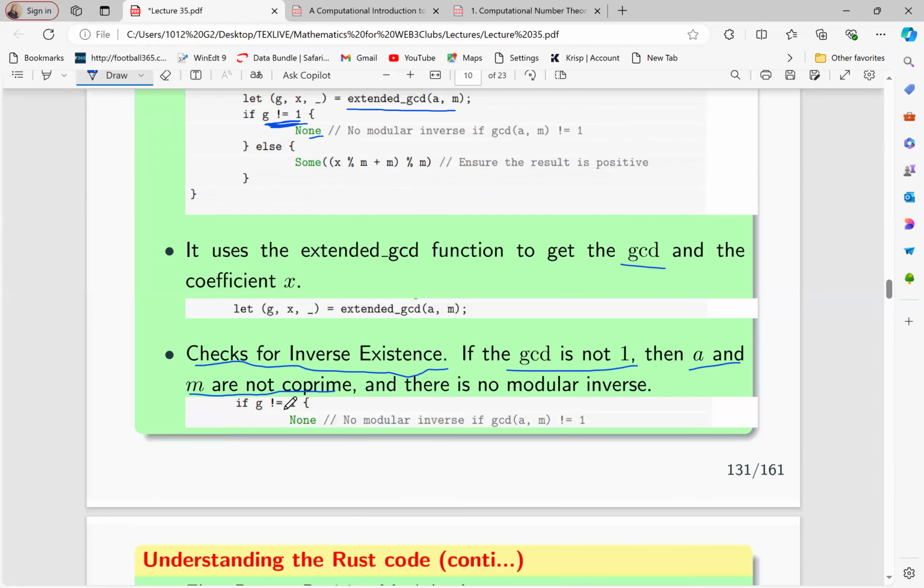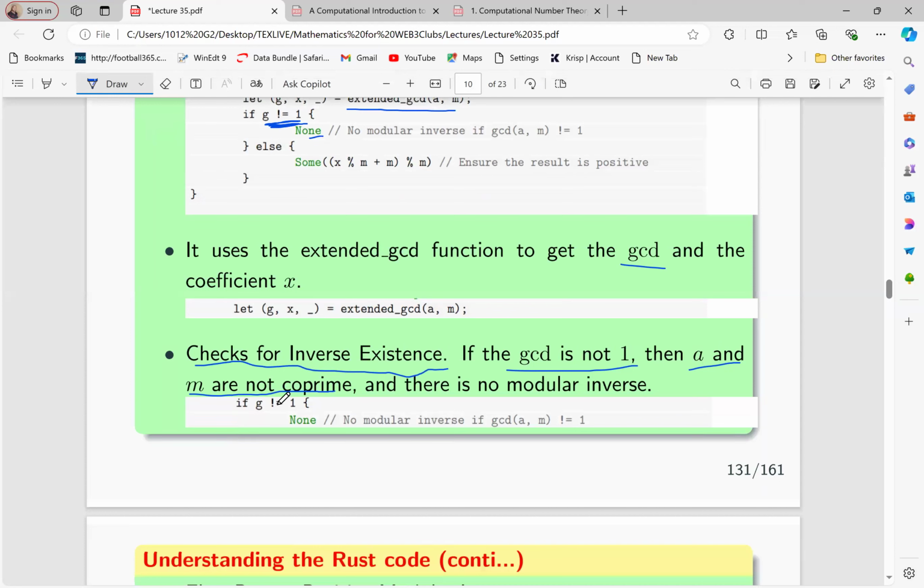That's what this writes here: if G is not equal to 1. This is how Rust writes it, but you know, in mathematics, sometimes it's written this way. So this is the Rust way of writing not equal to 1.